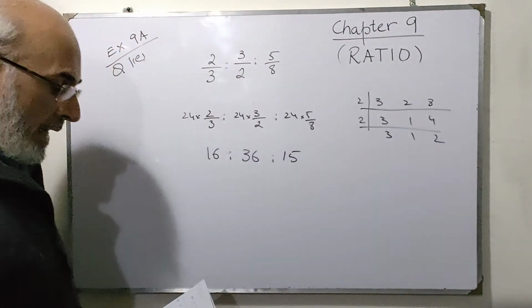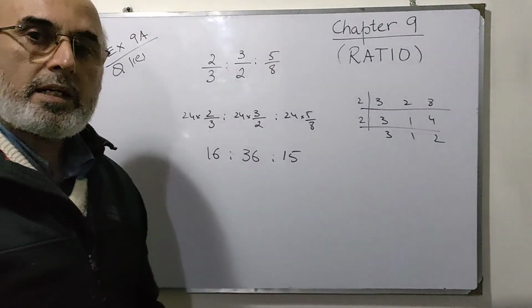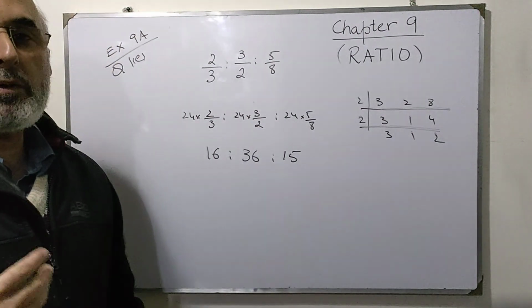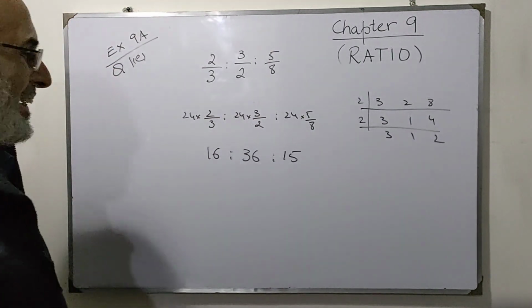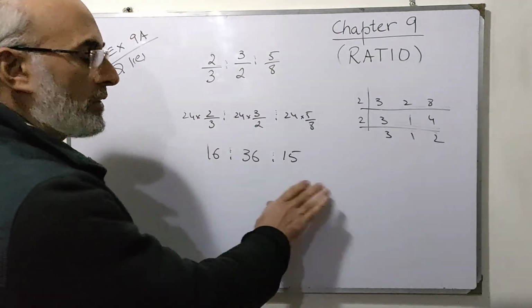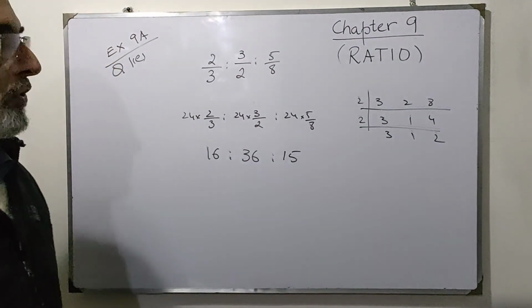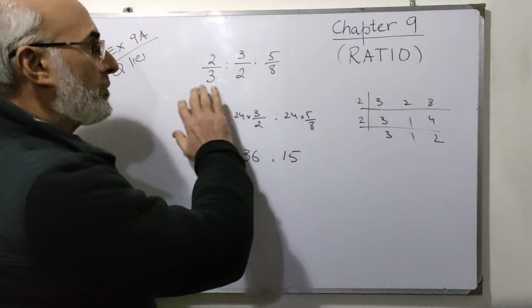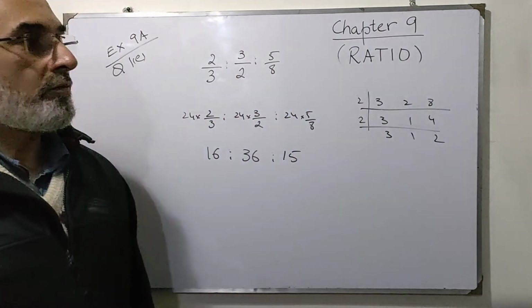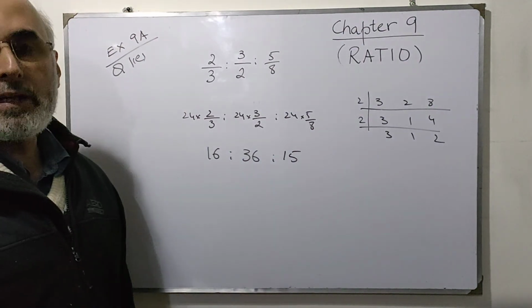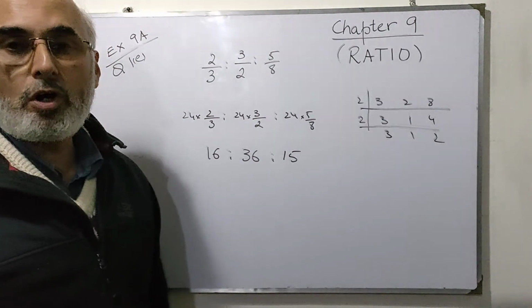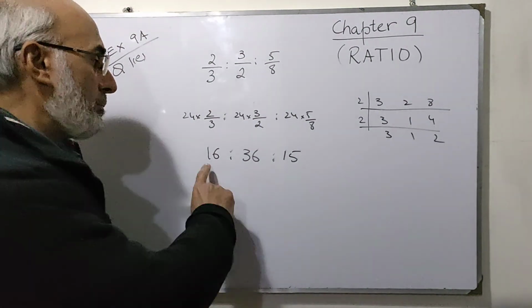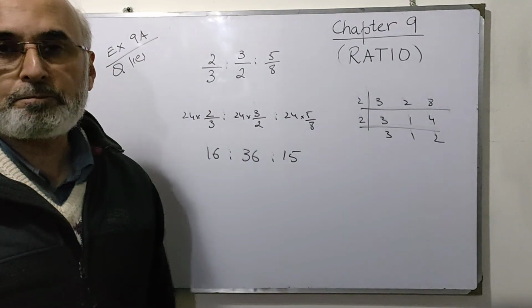Two numbers are even, one is odd, so it cannot be simplified further, and we cannot divide it by 3. So it is the simplest form of these ratios. The fraction is removed by multiplying a common number for all the fractions, and the simplified form is here.